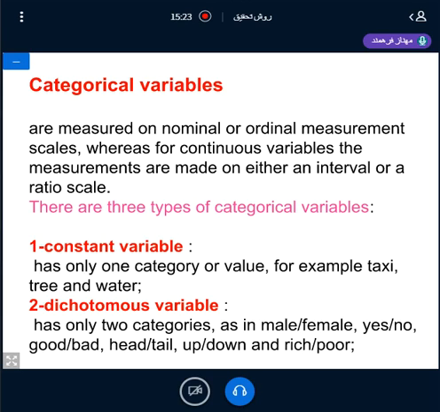Type 2, dichotomous variables: we have two categories. For example, male and female, yes or no, good and bad, head and tail, up and down, and rich and poor. So we have only two categories.